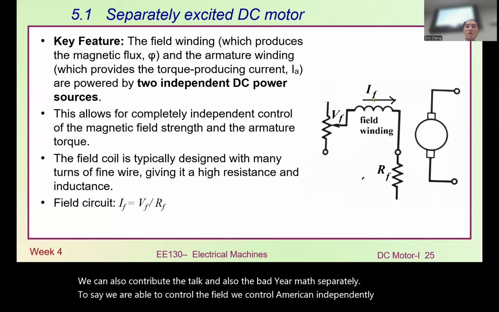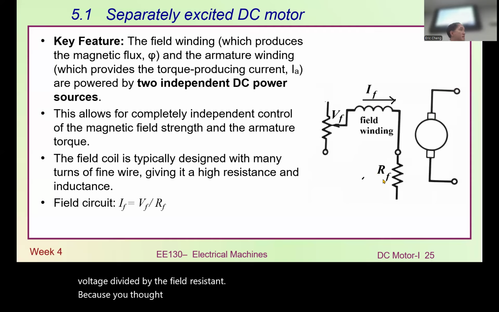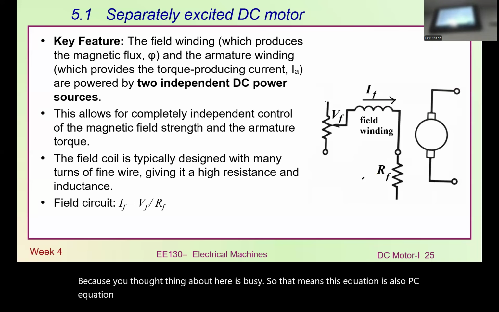So the field here can be simply adjusted by the simple field circuitry like in here: the field voltage divided by the field resistance. Because we're talking about DC here, this equation is also a DC equation. So voltage divided by resistance, because for the pure inductor you don't consider the internal resistance.